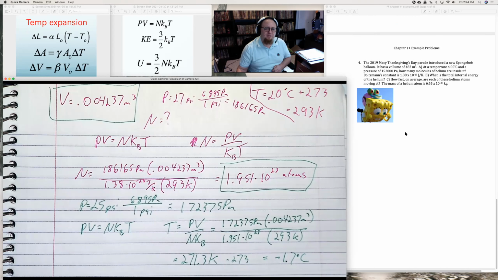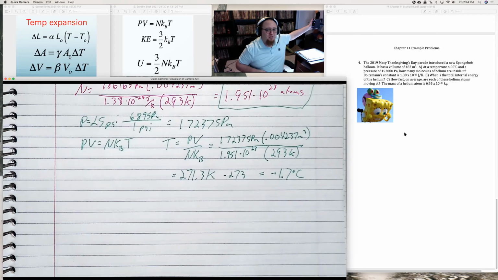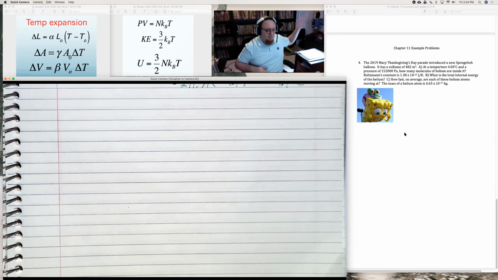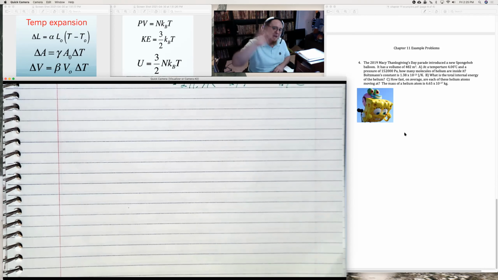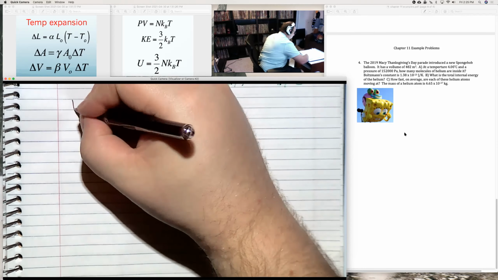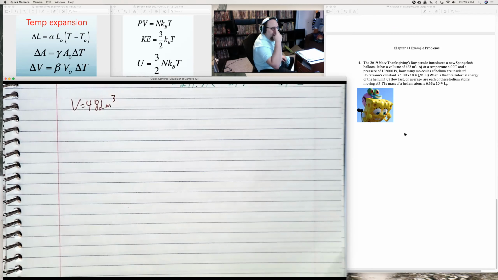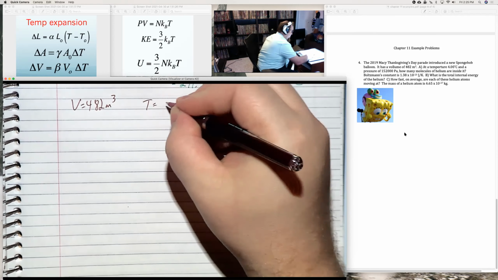Let's do another gas one. See, that gas one had only the ideal gas law. I sometimes work in other gas equations, and this one is going to be like that. So this one says, the 2019 Macy's Thanksgiving Day Parade introduced a new SpongeBob balloon. It has a volume of 482 meters cubed, and at a temperature of 4 degrees Celsius, it was really cold out.